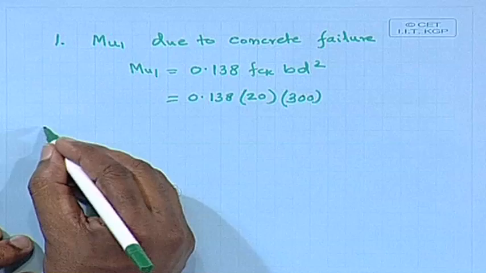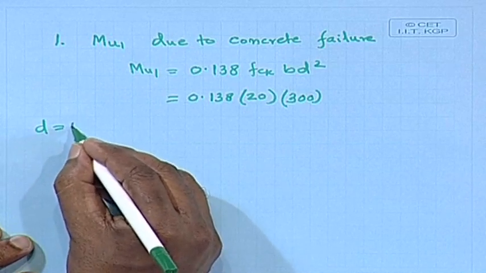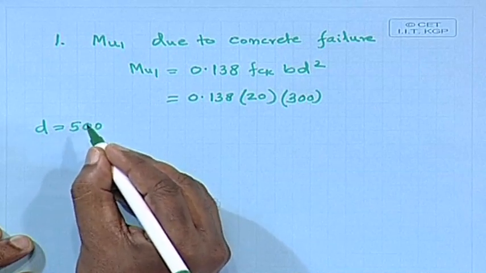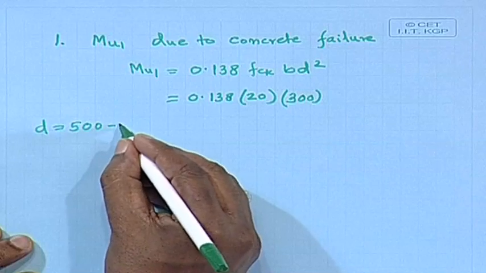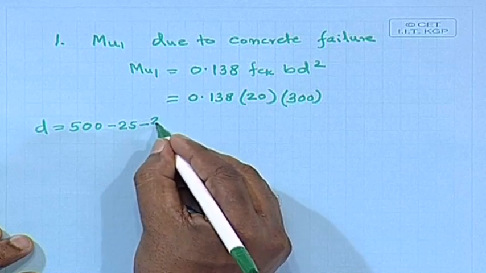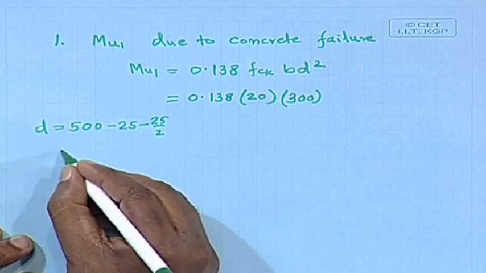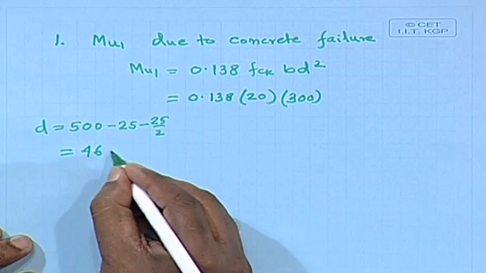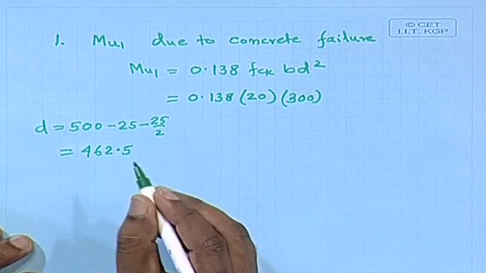Let us calculate d. d equal to capital D minus clear cover minus 25 by 2, which comes as 462.5.